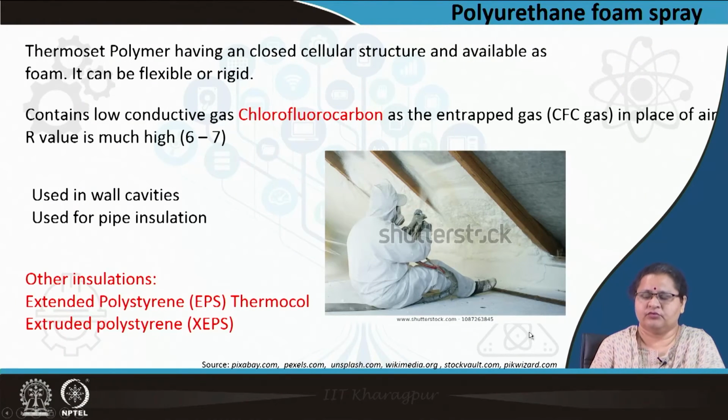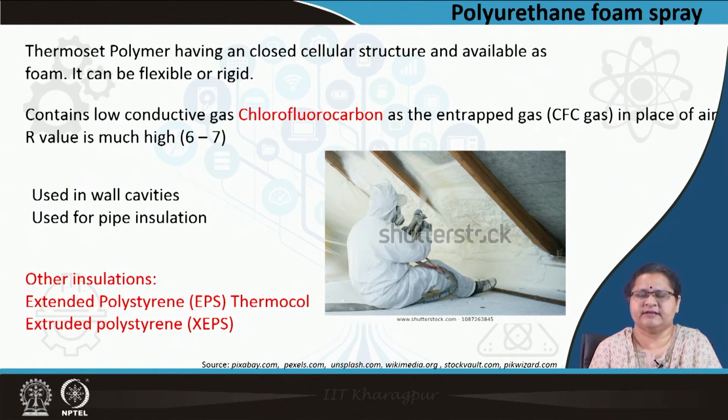Now, we come to polyurethane foam spray. As I told you, it has a high R value of 6 to 7, and why? It is because of the low conductive gas chlorofluorocarbon entrapped within it. This is a thermosetting polymer having a closed cellular structure and available in foam form.